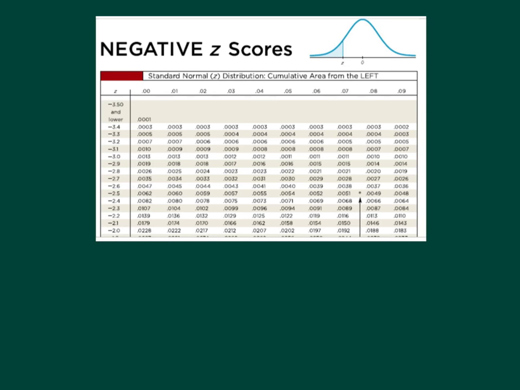So this is a z-score of -3.4 where we have a p-value of 0.0003, and we're looking for 1%, which is 0.01.